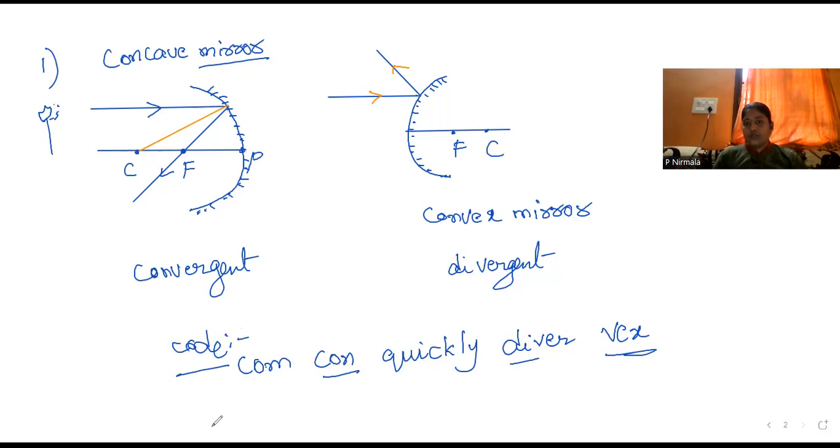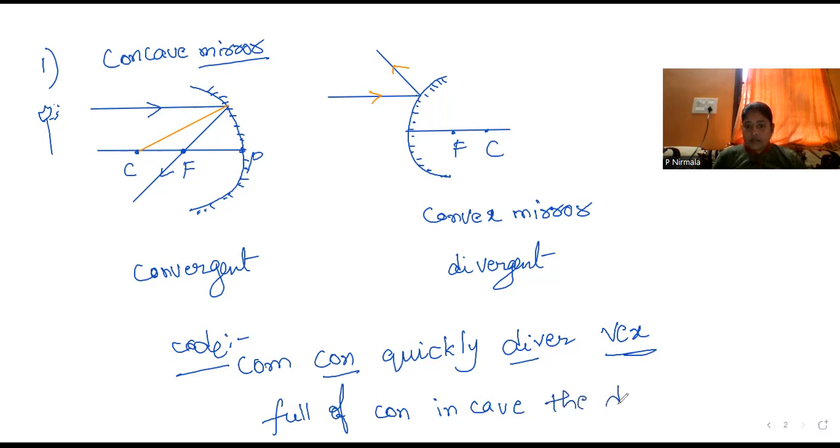The other code: full of con in cave. So cave means what? Mirror. I'm talking about the mirror here. Full of con in cave.